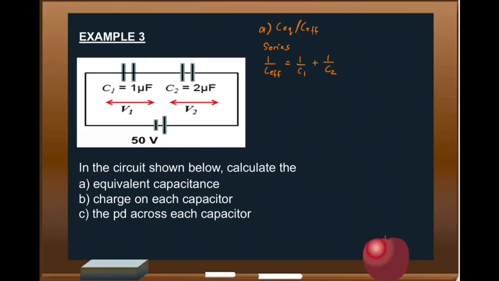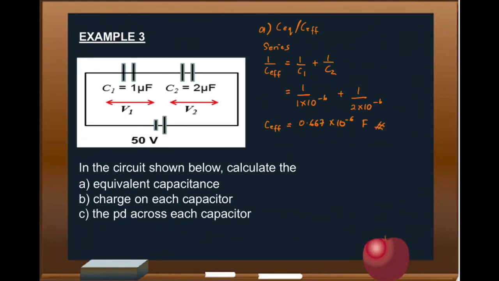The values of capacitance are given, so just substitute in. C1 is 1 times 10 to the power of negative 6, plus 1 over 2 times 10 to the power of negative 6. And you will get CF equal to 0.667 times 10 to the power of negative 6 farad.